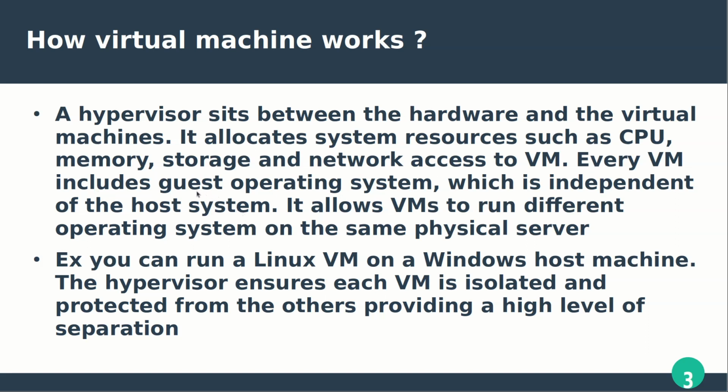Remember that the guest operating system is installed on the virtual machine, and it is independent of the host system. It allows the virtual machine to run a different operating system on the same physical server.